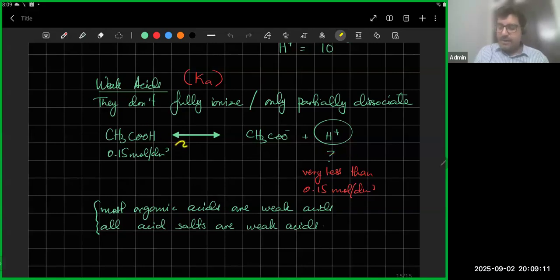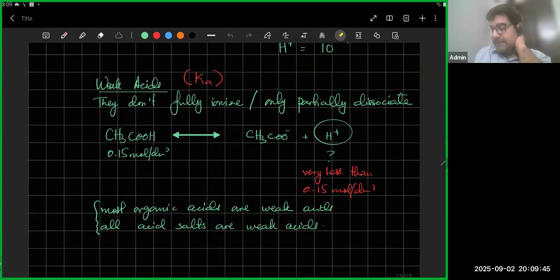So if this is 0.15 mole per dm cube, then your H+ is not going to be 0.15 mole per dm cube, because it's not going to fully ionize. Very little is going to ionize. If you have 100 molecules, maybe 2 or 3 would actually ionize. So it's harder to predict the amount of H+ ions.